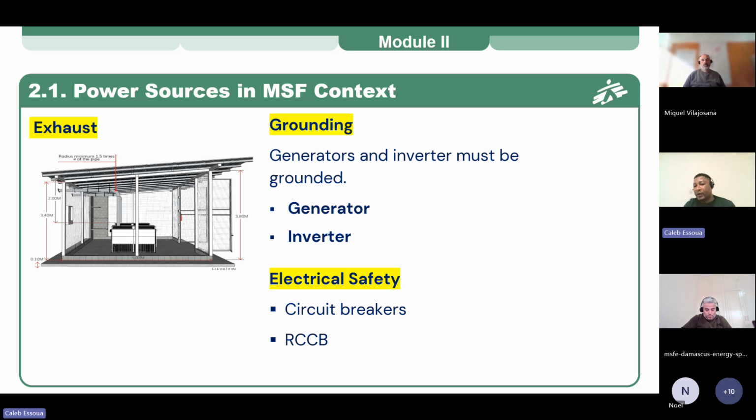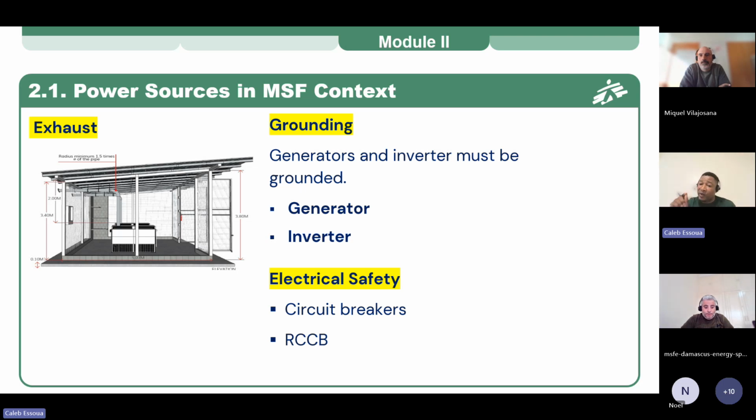So whatever happens, it collects everything there to send it to the ground. If it's not there, maybe all your cable will burn. Maybe you will burn all your equipment.